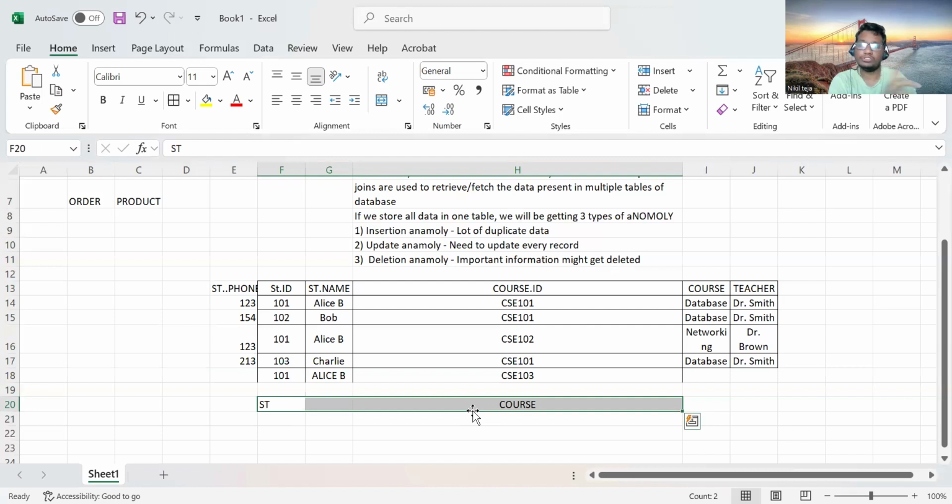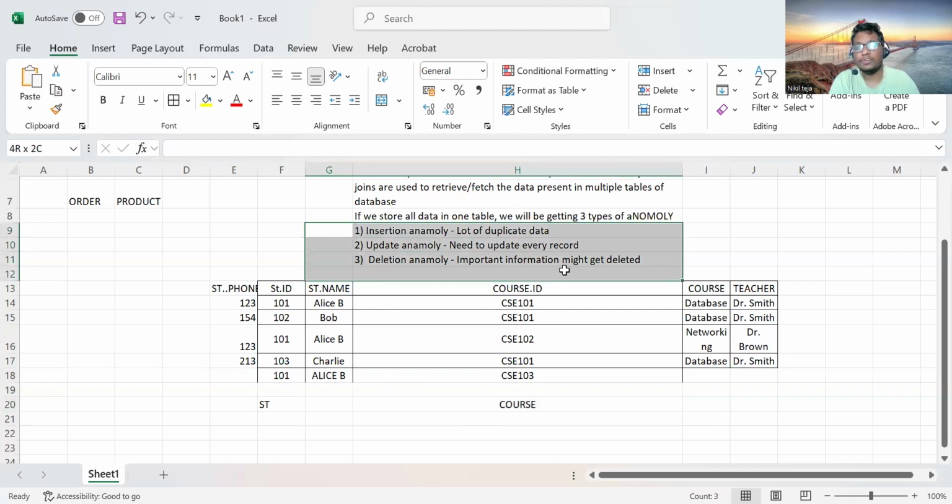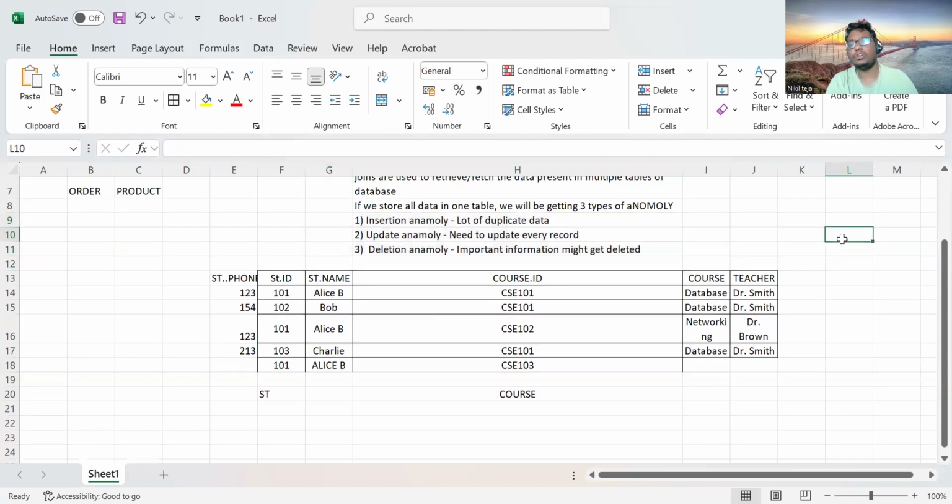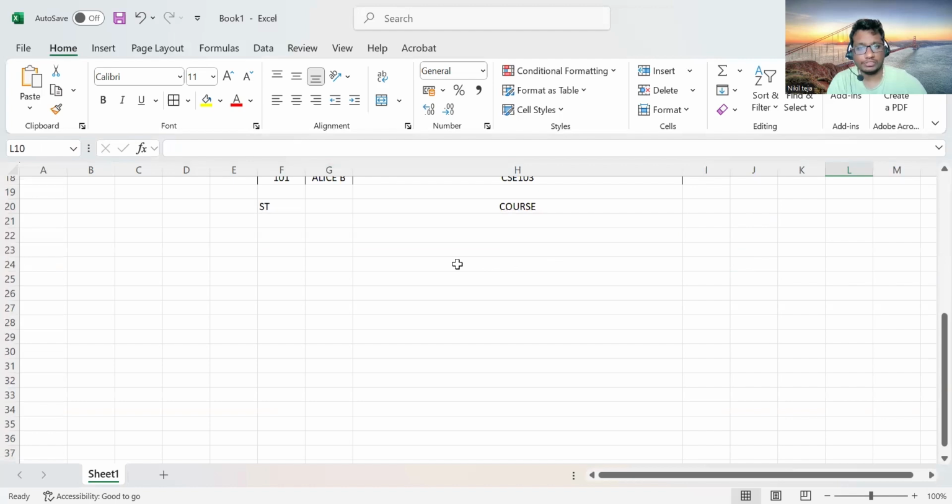We want to know the course instructor of Alice. We can directly fetch who is the course instructor of Alice with the help of joins. So in order to tackle all these anomalies, we will be using joins.